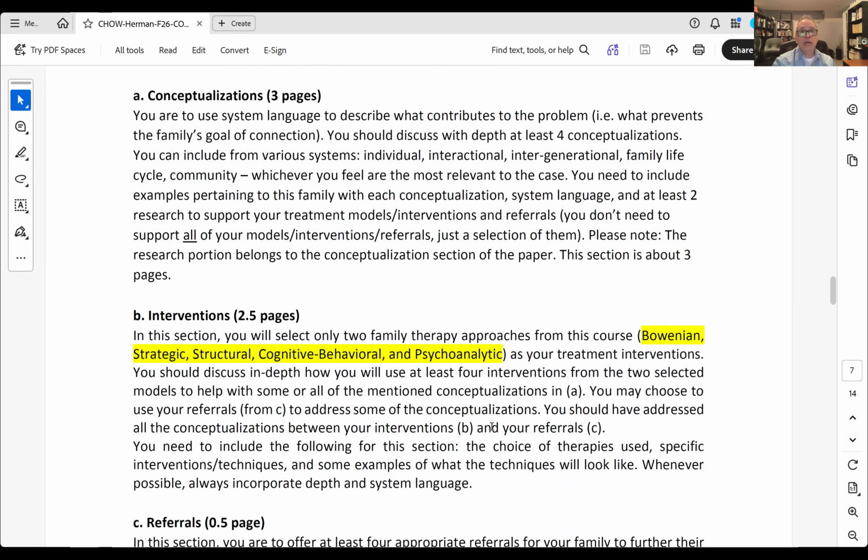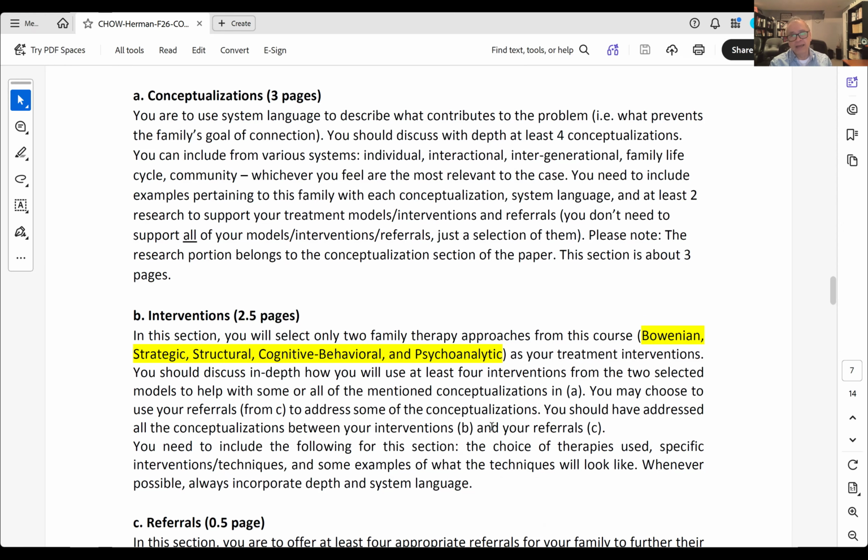You are only allowed to choose 2 of those models, not three, not one, but two out of the five, and offer interventions from those perspectives. Clearly indicate at least four interventions from the models you have selected. These interventions are somewhat tied to your research on what will be most helpful. Sometimes you might not get a direct linkage to say, oh, research says to do structural and strategic.